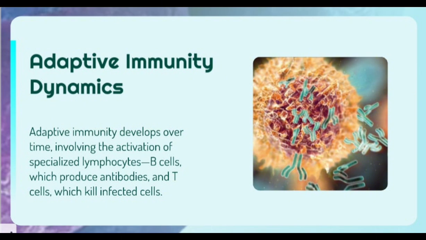B cells are responsible for producing antibodies that recognize and neutralize harmful organisms, while T cells destroy infected cells to prevent the spread of disease. Through this process, the plant's immune system becomes stronger and more efficient, giving it what we call a kind of immune memory against recurring threats.